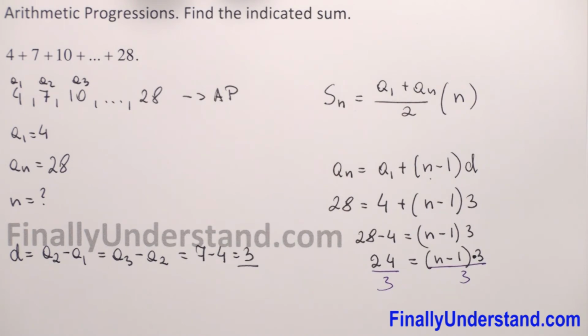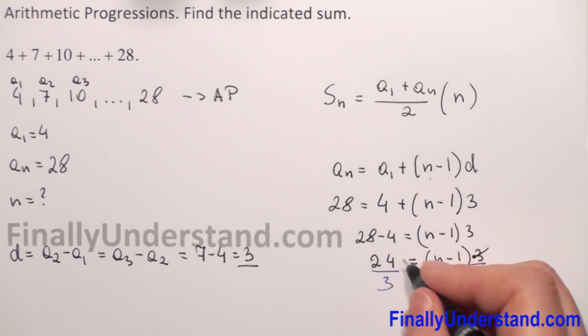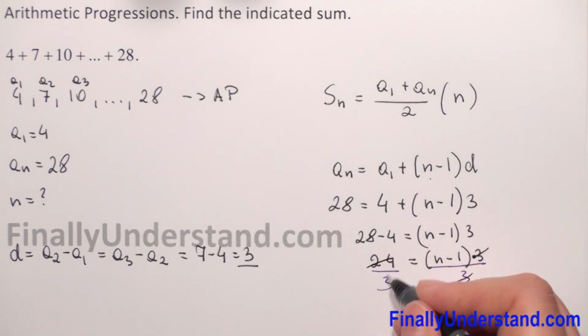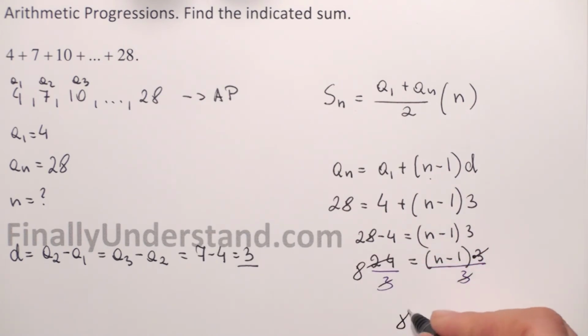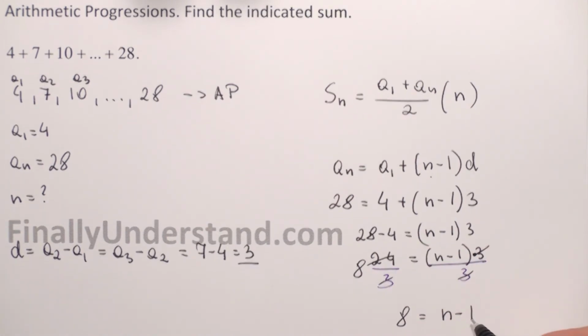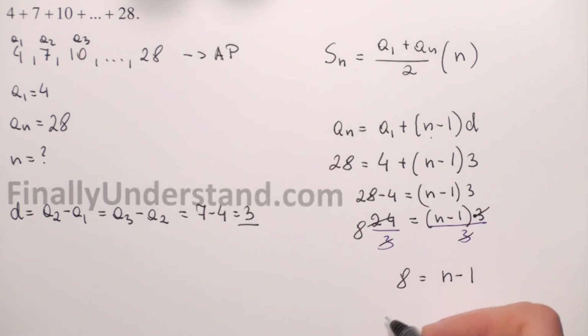So 3 and 3 we can reduce. 24 divided by 3 is 8. So we have 8 is equal to n minus 1. Now I will move negative 1 to the left side, so we have 8 plus 1 is equal to n.